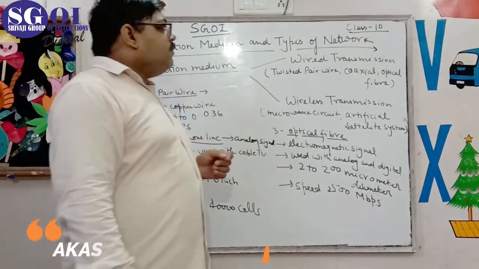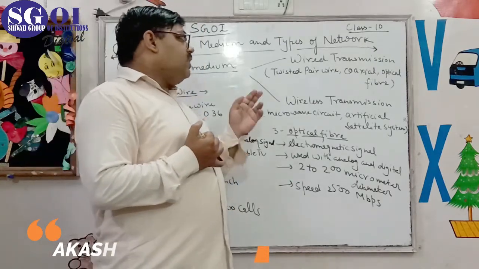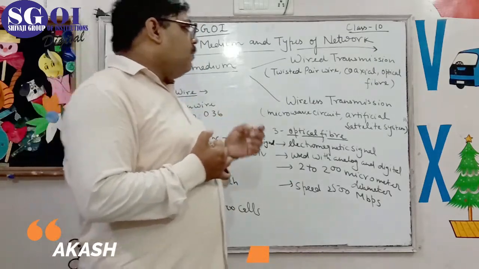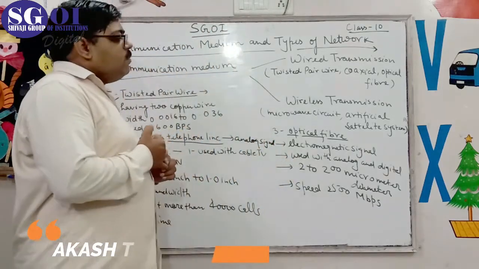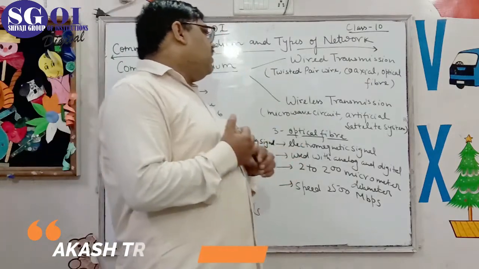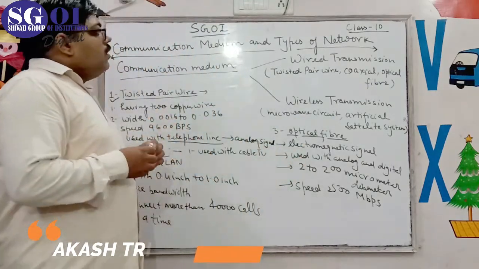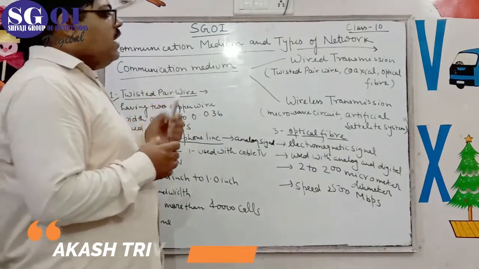In wired transmission, different types of wires are used, like twisted pair wire, coaxial cable and optical fiber. In wireless transmission, we use microwave circuit and artificial satellite system. Today we will understand wired transmission.